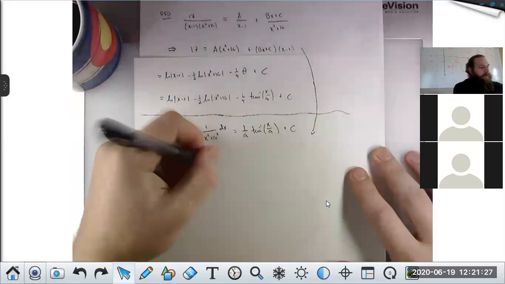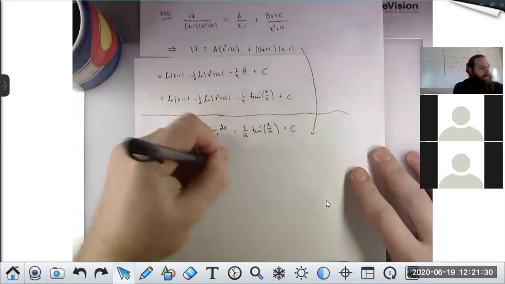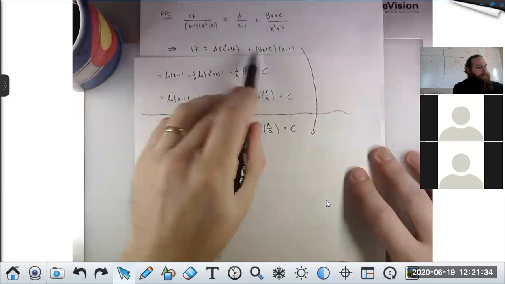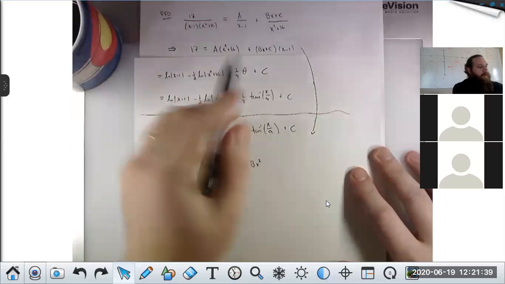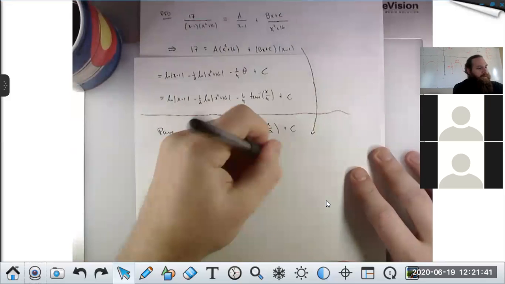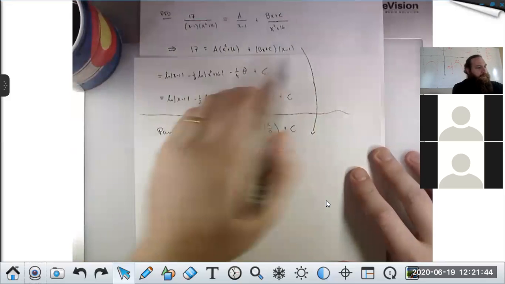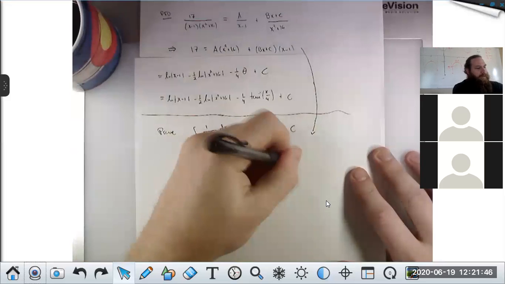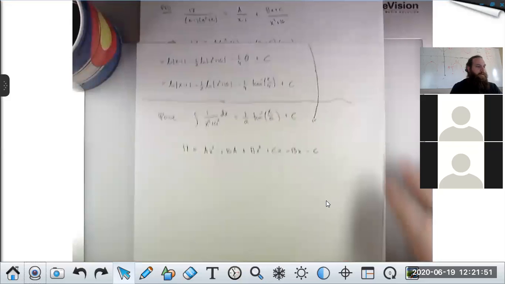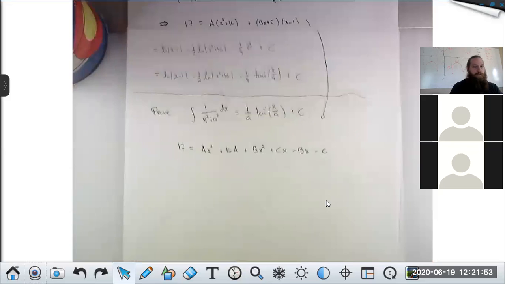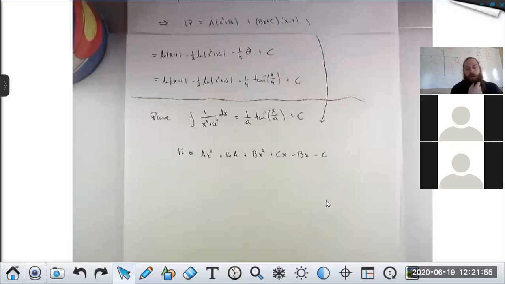So this is ax squared plus 16a plus bx squared plus cx minus bx minus c. All right, so you distribute everything out, and then we're going to put all the x squareds together. We're going to put all the x's together, and we're going to put all the constants together.